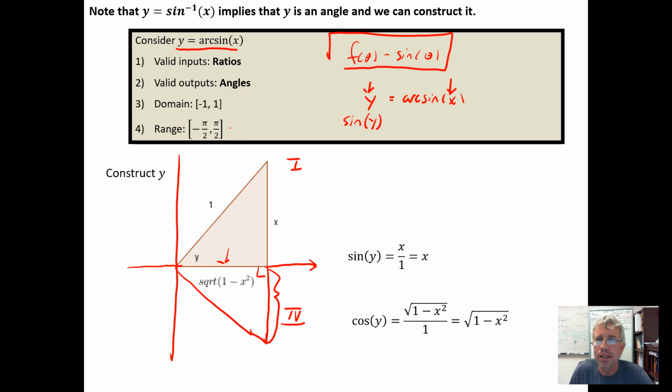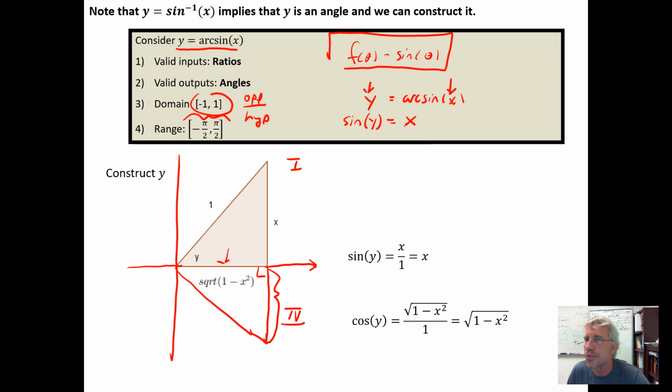Where does y live? y is an element of this interval right here. So y is an angle between -pi/2 and positive pi/2. And when I take the sine of both sides, the sine cancels the arc sine and gives me x. And x is going to be a side ratio between -1 and 1. It's going to be opposite over hypotenuse.